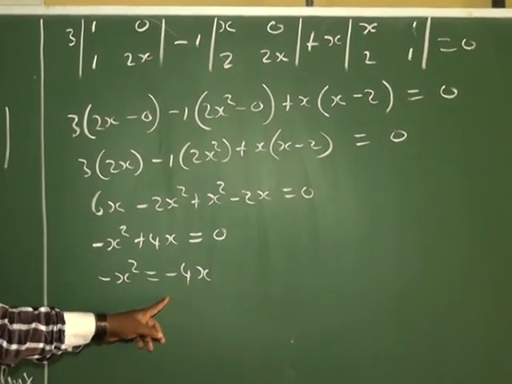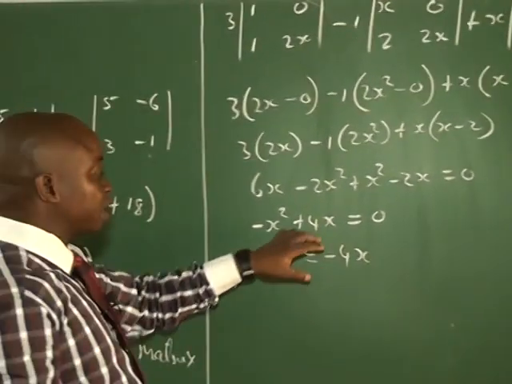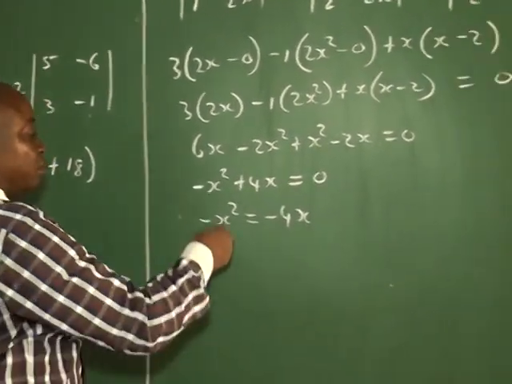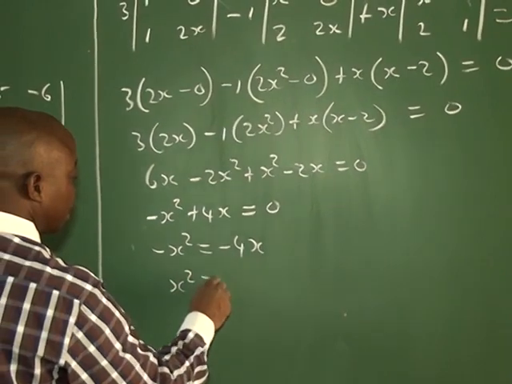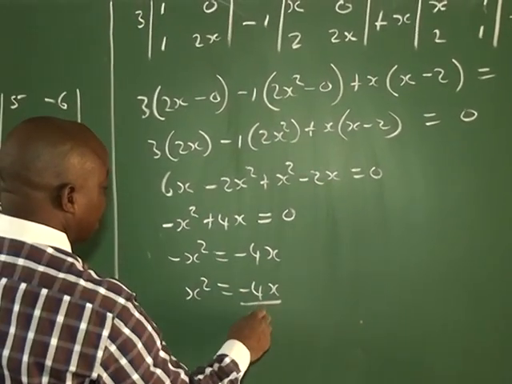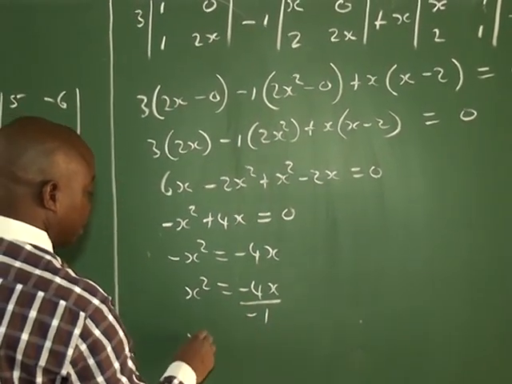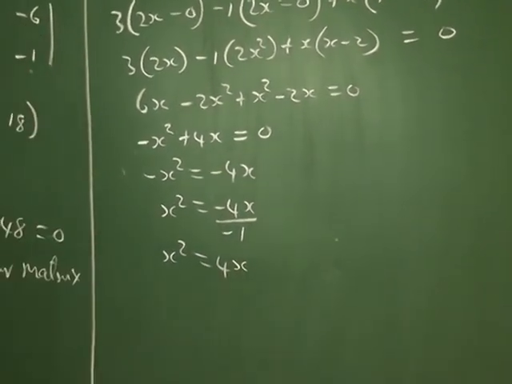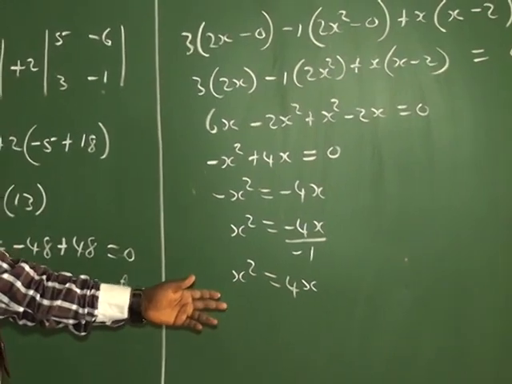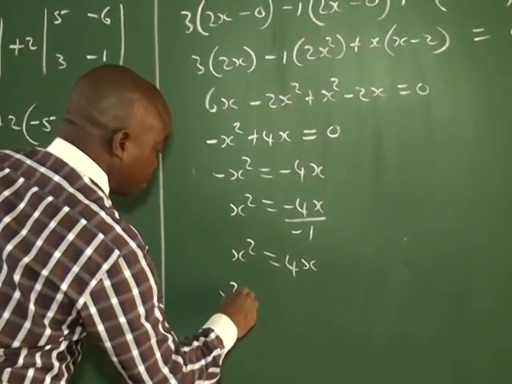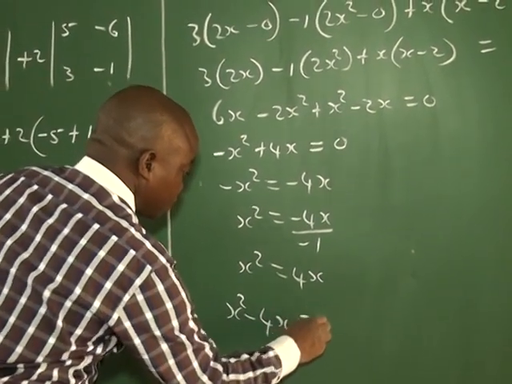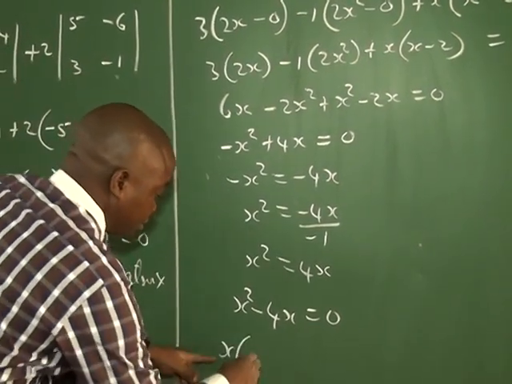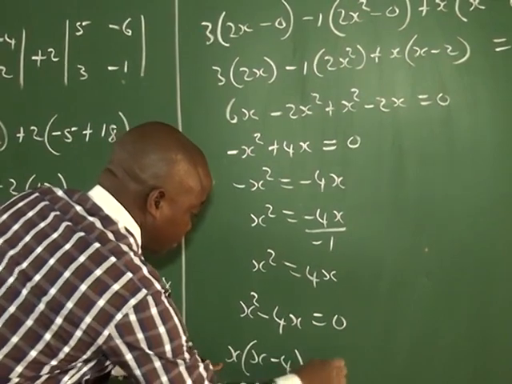If you don't want to go that way, we can factorize also, which means that x squared equals minus 4x divided by minus 1. So x squared equals 4x. If you don't want to write it this way, you can write that x squared minus 4x equals 0, so that x times x minus 4 equals 0.